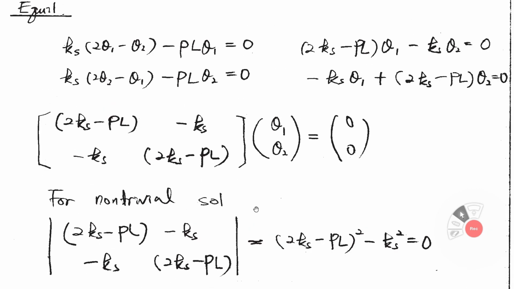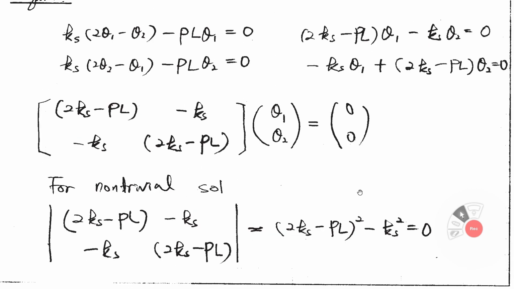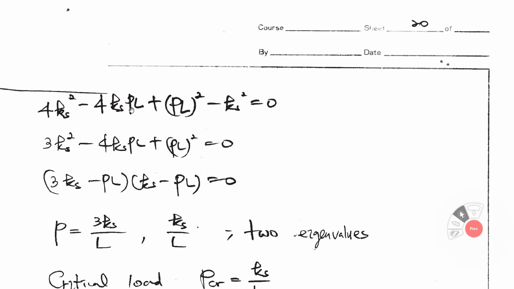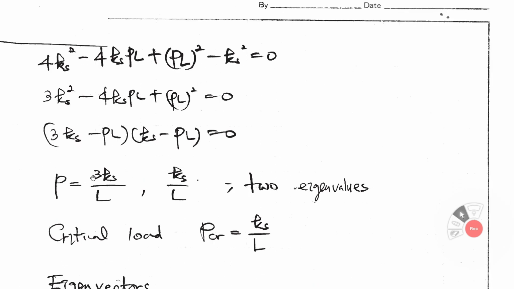So if you take the determinant like that, it equals 0. Now, from this equation, you can calculate like this. Rearrange like that. Then you can get P equal 3 Ks over L, Ks over L. You have two solutions because this problem is a two degree of freedom system.